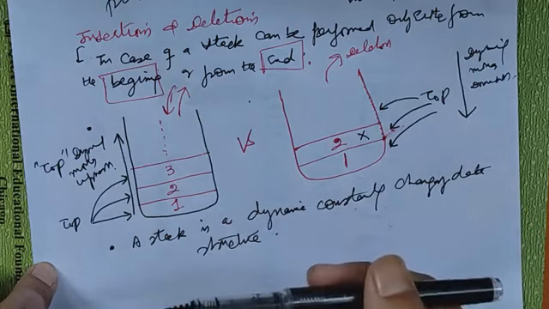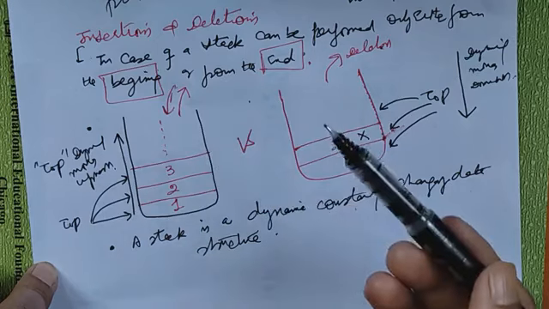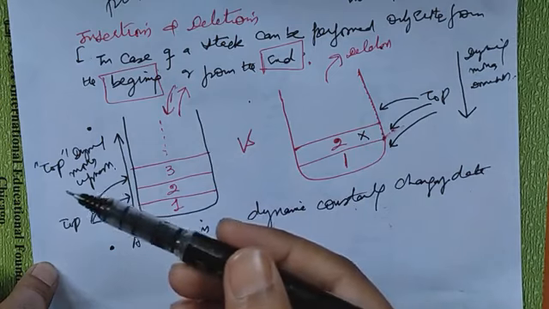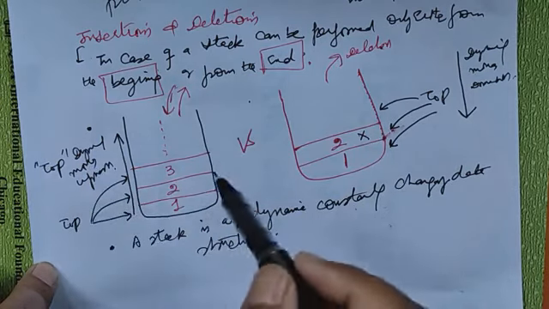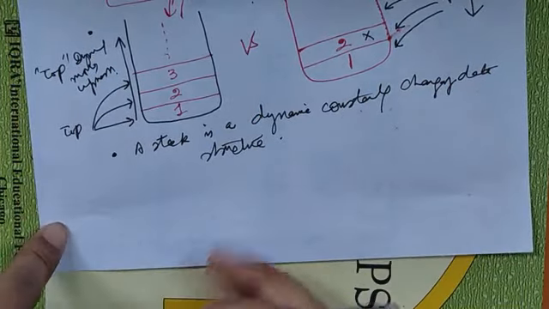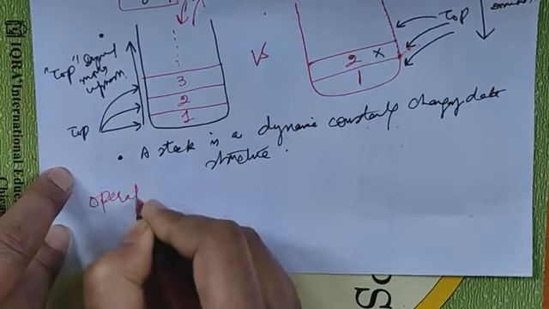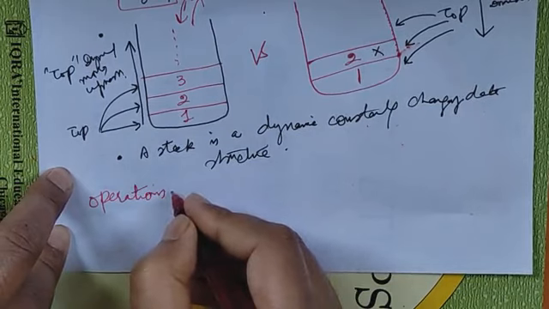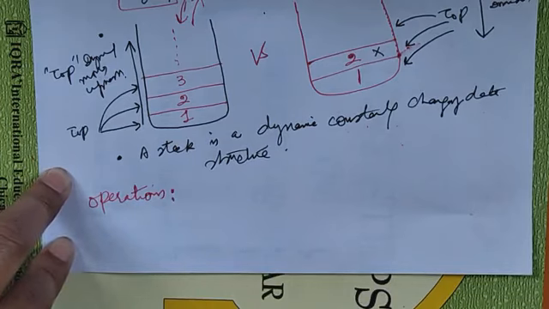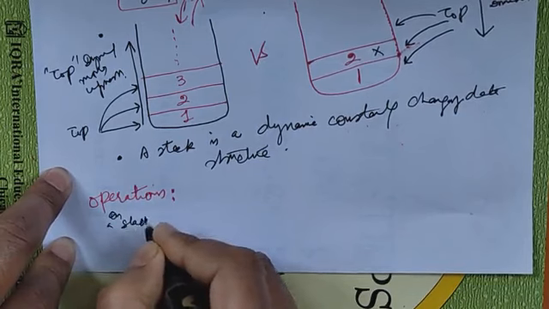This time complexity or space complexity is beyond the scope of your class, so you would stick to this, that the beginning end is the safest bet, right? As regards the operations which can be performed on a stack.